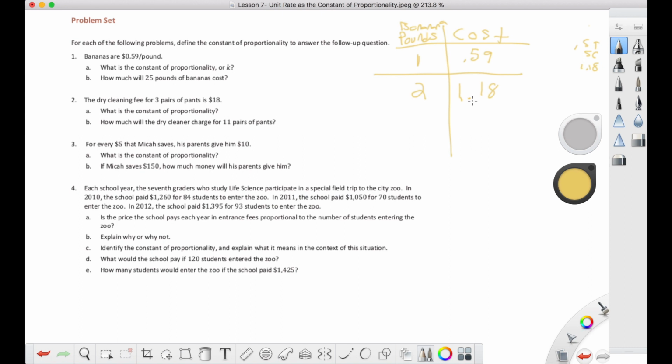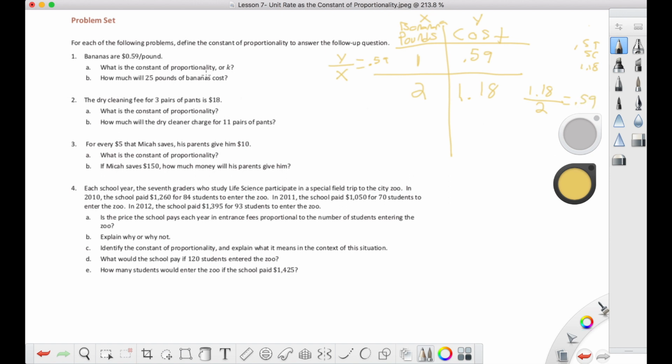$2, 1.18. So remember, for our constant of proportionality, what we've been doing is y over x. Well, here in this case, y over x is going to equal 0.59. And if I did the same thing here, if I took 1.18, that's like my y, over my x, 2, this is going to equal 59 cents.